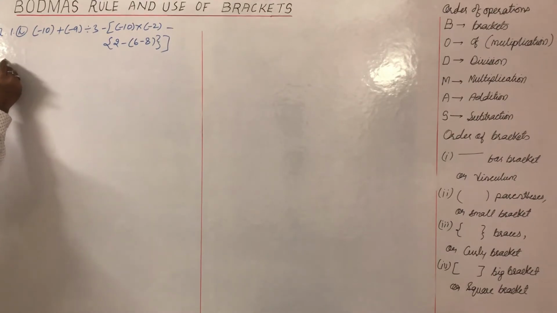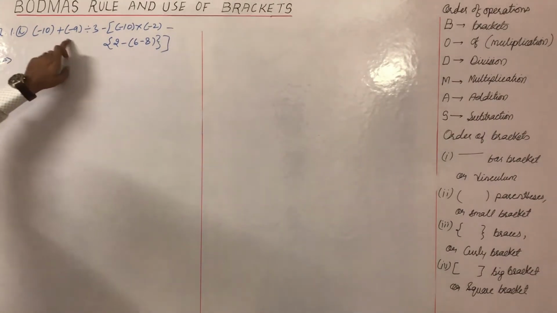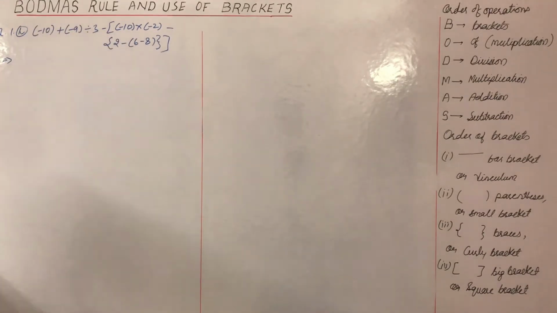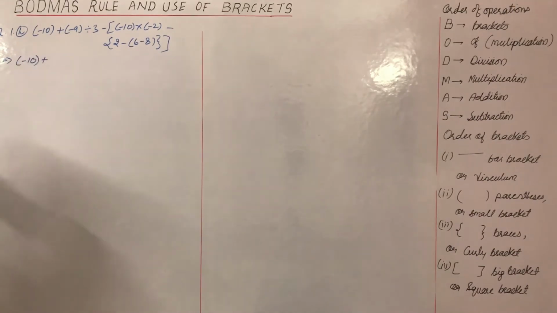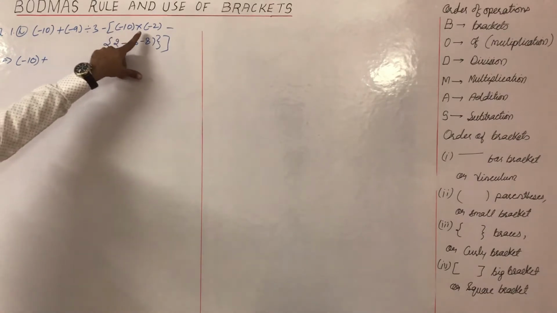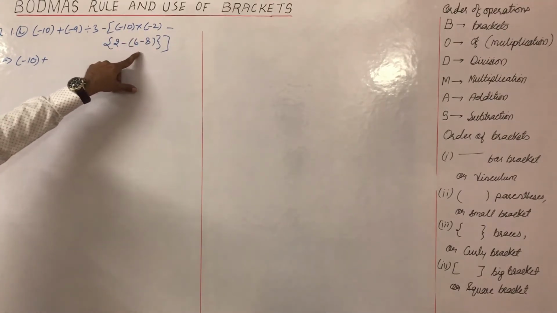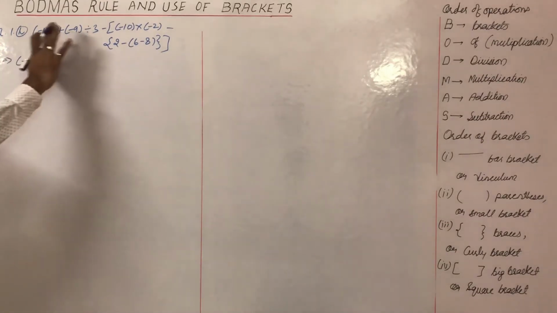So in this question, first of all, we have 1, 2, 3, 4, many brackets. So we will start from this part. We will solve these brackets, then we'll come to minus 10 and minus 9.